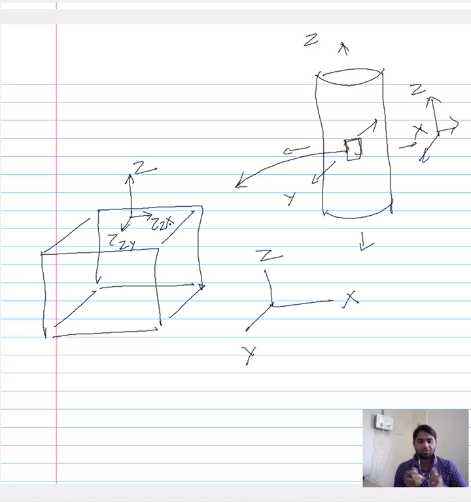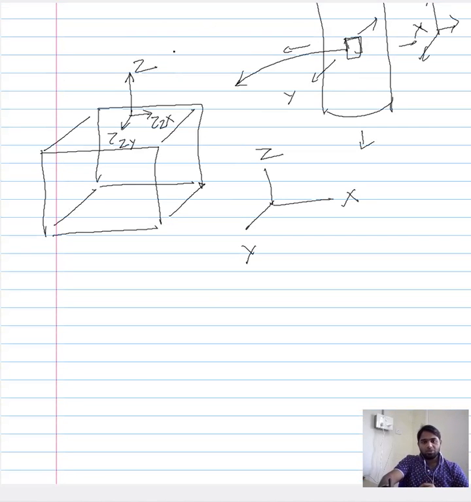Under uniaxial loading, we needed three components of stresses to describe the mechanical condition. Now what we have is a triaxial loading, so we can extrapolate. The similar conditions will be experienced in this direction, one normal stress and two shear stresses, and also along this direction, one normal stress and two shear stresses.